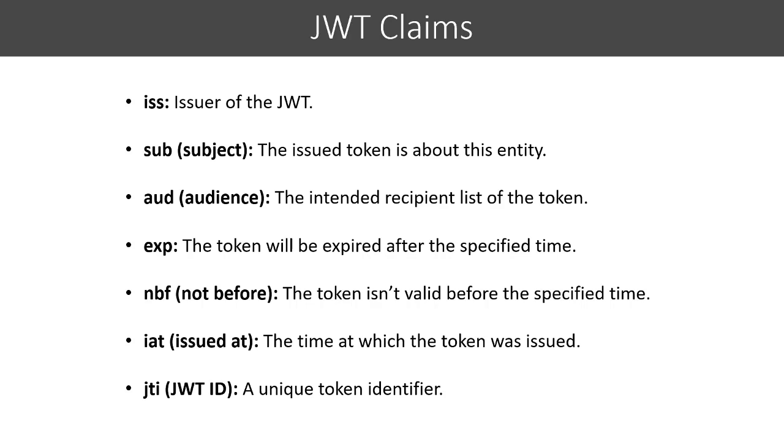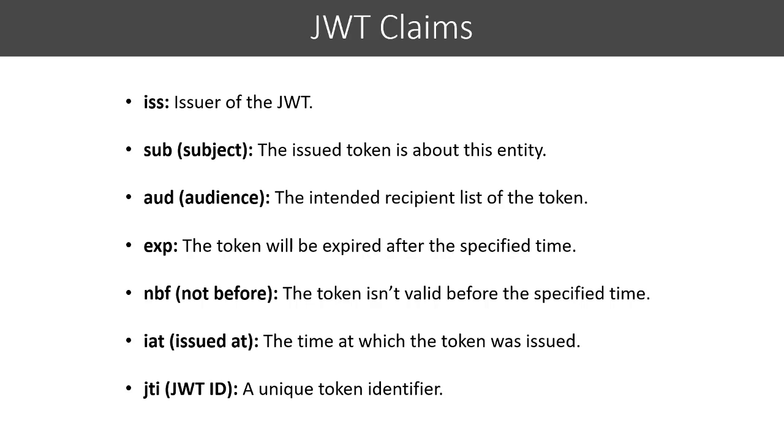The next claim is SUB. The SUB claim identifies the subject of the JWT. This value is case sensitive and must be a string value. The next claim is AUD, or audience. The AUD claim identifies the audience that the JWT is intended for.